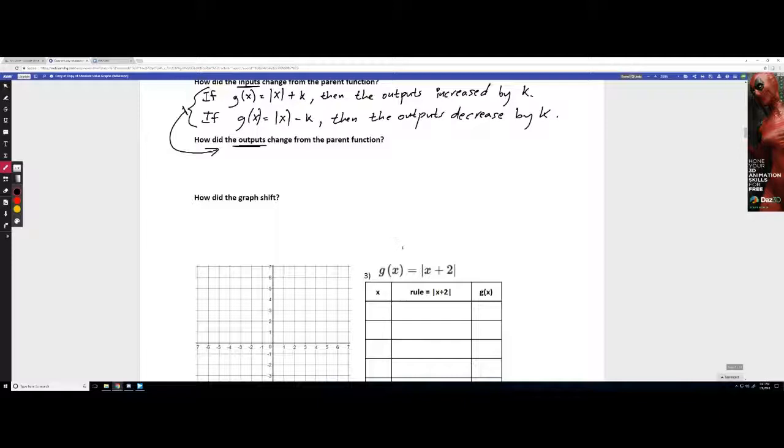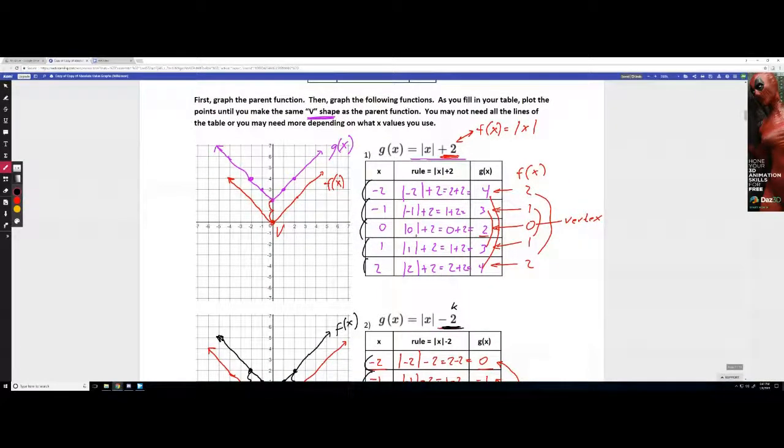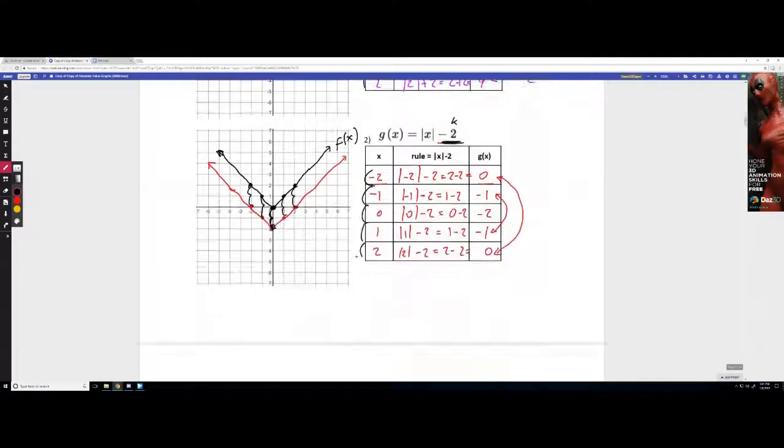Now, how did the graph shift? So, number one, we actually shifted up by 2. We went up. So f of x, the parent function, really just moved up to g of x by 2. If you look at number 2, we went down 2, right?